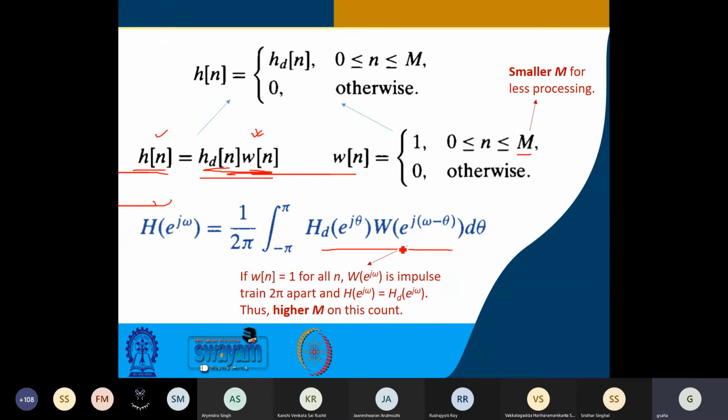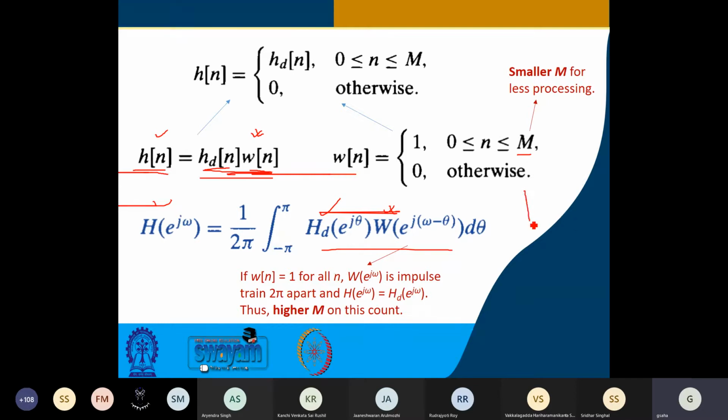So this is the convolution relationship, and this is the desired response, and this is the window function that you get here. Over here it is a rectangular window, and we had already seen from the experimentation process that it could be some other window as well, Hamming window, then Hanning window, and there could be other kinds of windows as well, right?